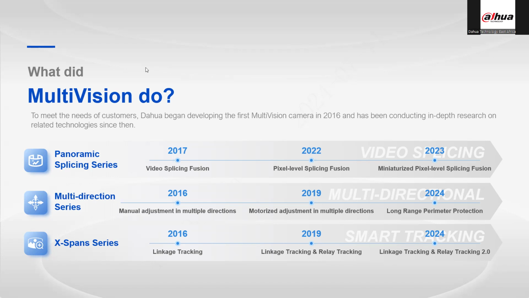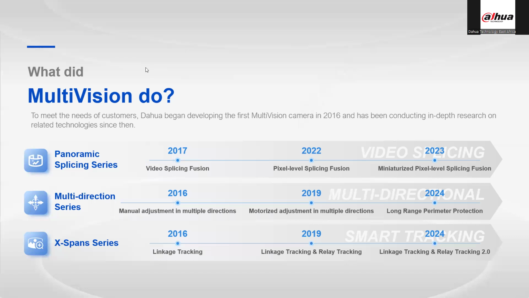Based on some recent technological advancements, for example, from some years back we had the video splicing fusion. Then in 2022, we introduced the pixel level splicing fusion. In 2023 and 2024, we included the miniaturized pixel level splicing fusion.